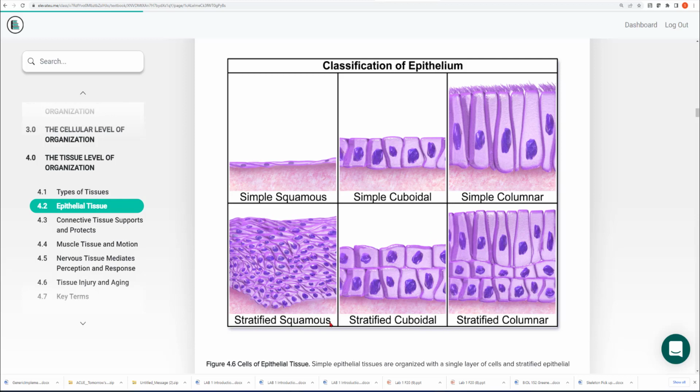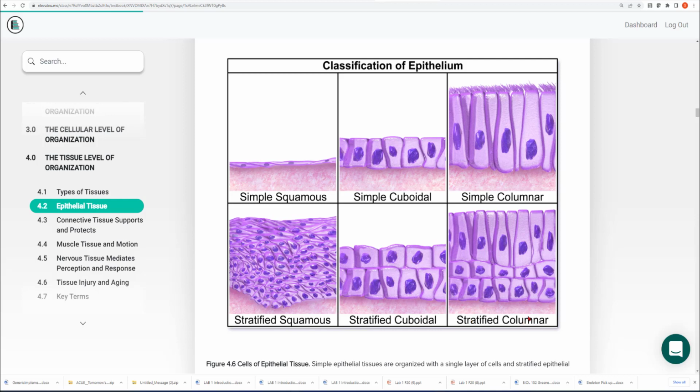Versus stratified squamous, many layers of cells, and the squamous is named in response to the outer layer. So we see here at the apical layer that the cells are very thin, hence its name. Don't worry that down here the cells look more cuboidal. Stratified tissues are named after their apical, their top layer. Stratified cuboidal, right? Two layers of cube-like cells.